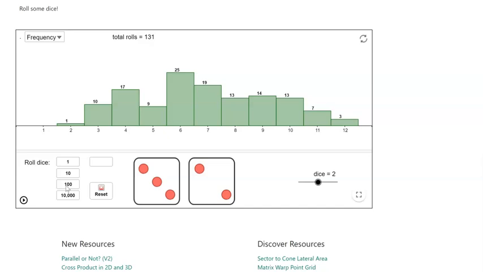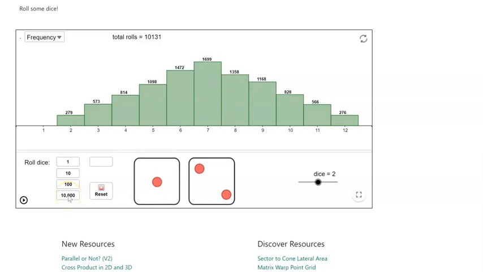However, in the long run, if we do this 1,000, 10,000 times, look at where 7 pops. Right, so eventually it starts to even itself out. You can see 6 and 8, out of 10,000 rolls of the die, are almost the same. Similarly with 5 and 9 and so forth.